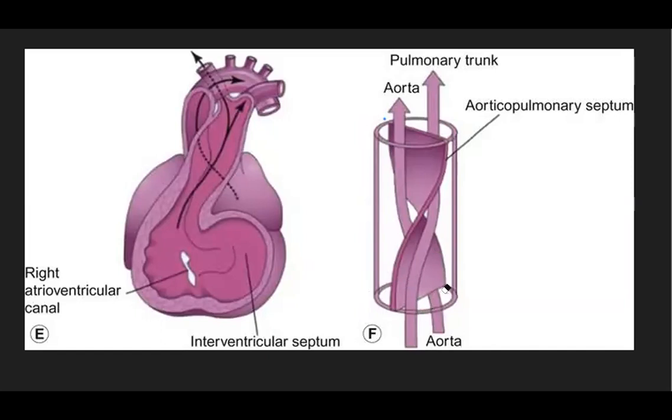First, aorta is posterior and pulmonary trunk is anterior. This is PT. Then the aorta is on the left and pulmonary trunk is on the right. Then the aorta is anterior and pulmonary trunk is posterior. So please remember this.